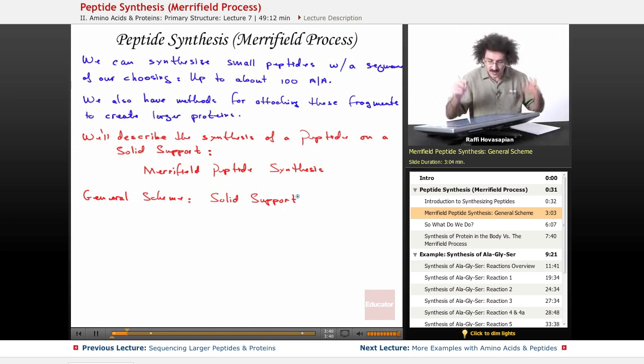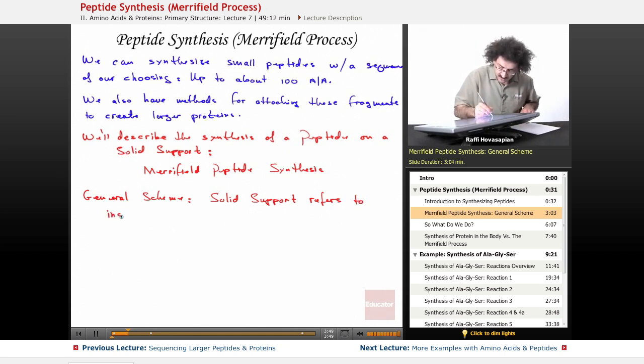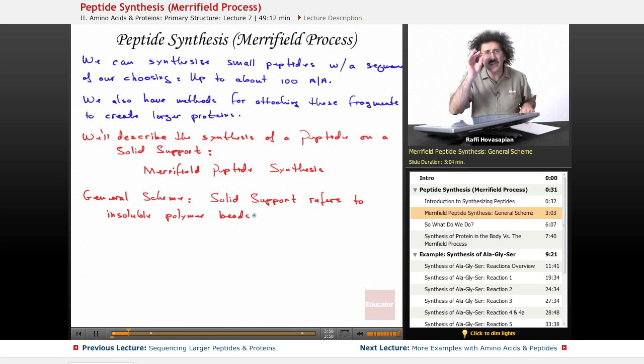So, solid support refers to insoluble polymer beads. So just think of really, really tiny small pieces of plastic. That's all it is.